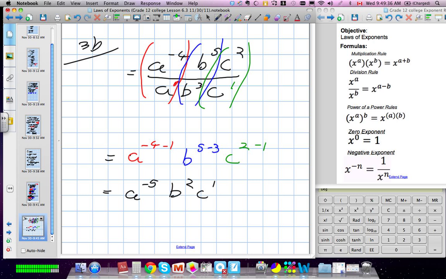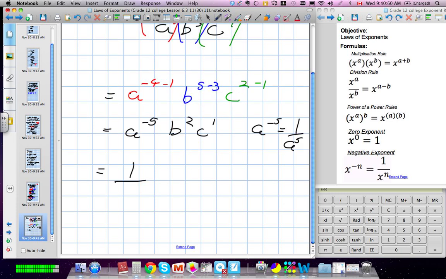If I ask you to represent it as positive exponents, which I'm pretty sure I'm going to, I want your answer to be in positive exponents only. Right now our a is not a positive exponent, so we'll need to flip it. Remember, a to the negative 5 can be represented as 1 over a to the power of 5. So we would get 1 over a to the power of 5 times b to the power of 2 times c to the power of 1.